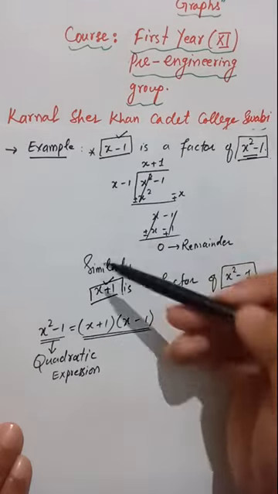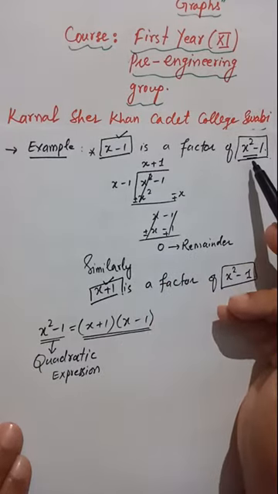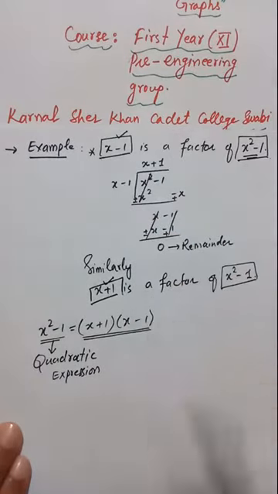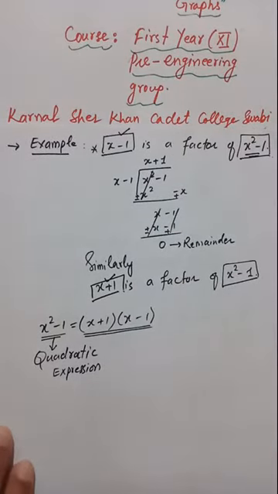So I explain it here, because the given expression x square minus 1 is completely divisible by x minus 1 and x plus 1. So these are the two linear factors.